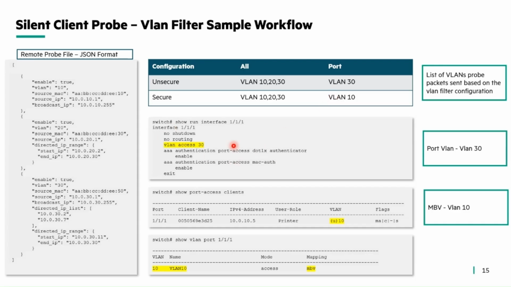Even though the port level VLAN configuration is VLAN access 30, the client has onboarded in this port in VLAN 10. So this VLAN 10 becomes the MBV VLAN for this particular port. The probe packets will be sent only in this VLAN where the client has been successfully onboarded. So this is how this VLAN filter feature works.